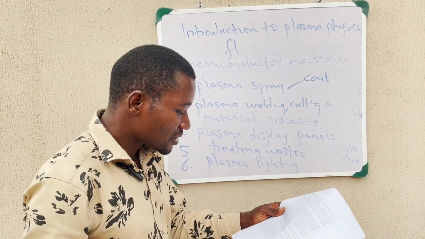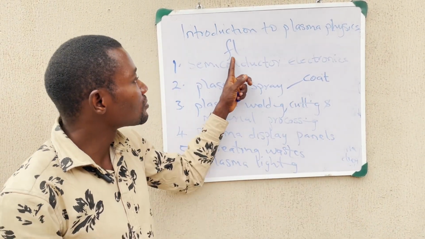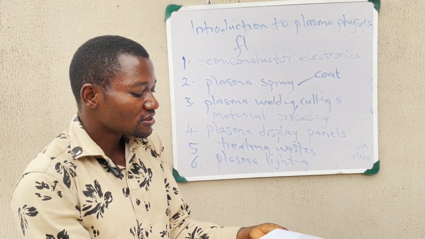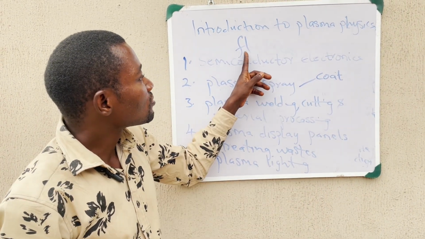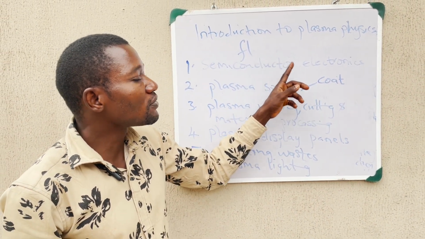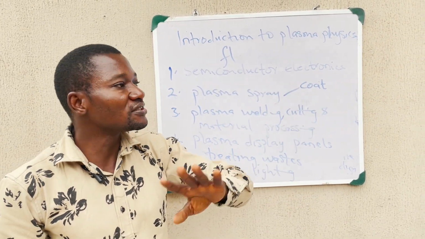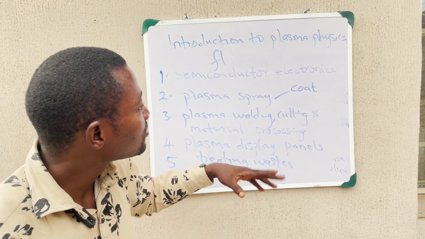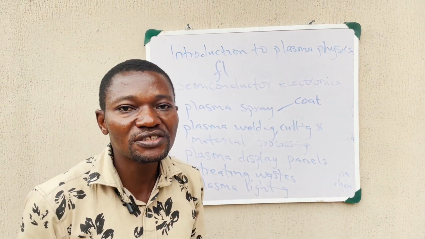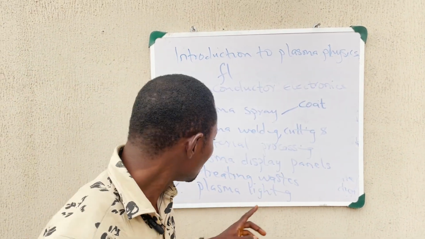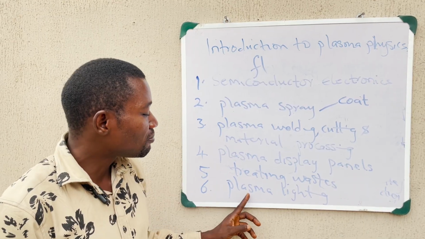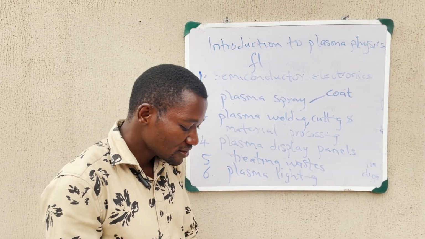We also have the mercury lamp, and the fluorescent lamp and mercury lamp have been applied in various places, concert halls. We have different lights being displayed even down to supermarkets. So plasma has been applied also in our lighting system.